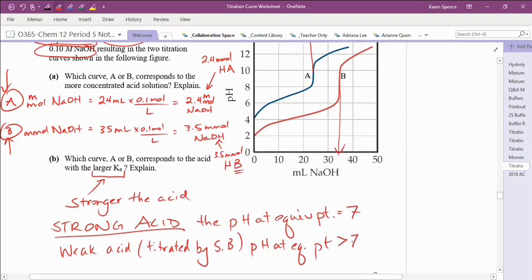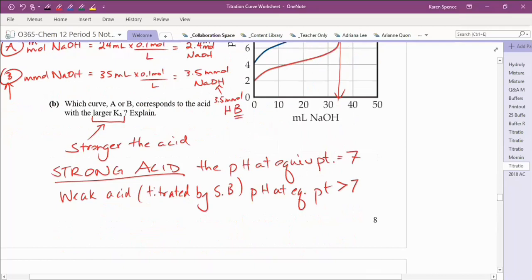If a strong acid is 7 and a weak acid is greater than 7, then the weaker the acid, the greater the pH at the equivalence point.